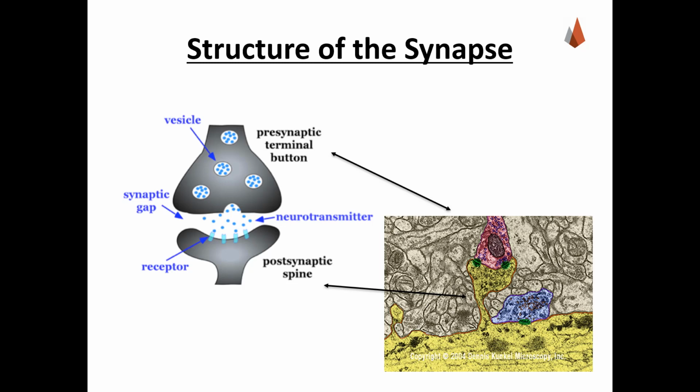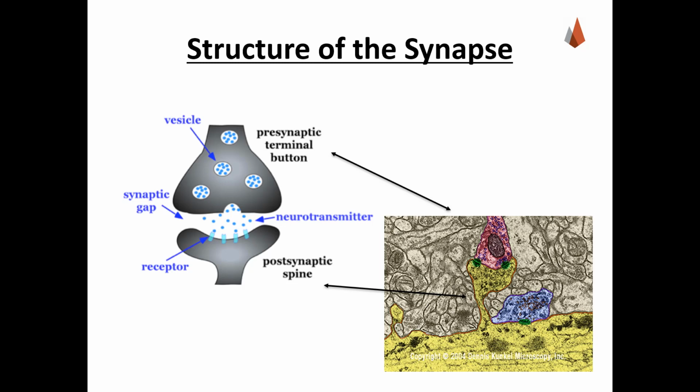Those vesicles will bind with the membrane and release their neurotransmitter molecules, which fill those little purple dots. They release the molecules into those two areas that have a green stain to them. That green stain is there because that's where those receptor protein molecules are. They float across the gap, bind with the receptors, and cause an activation.